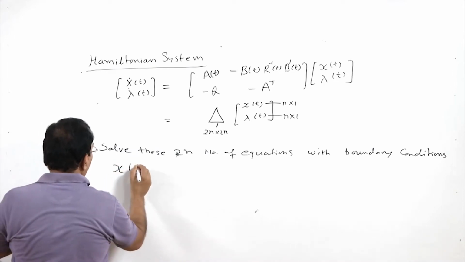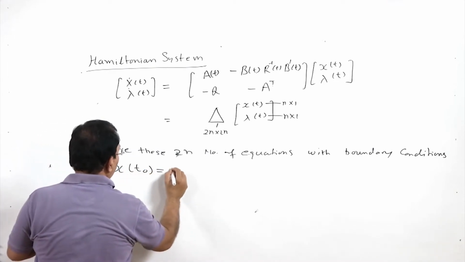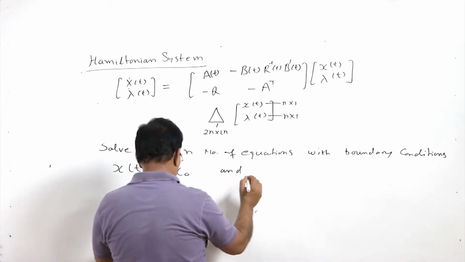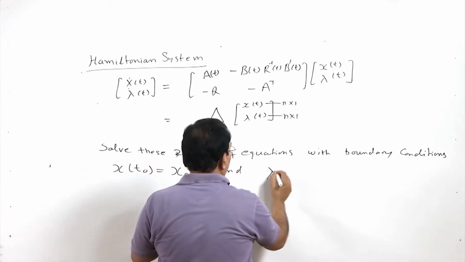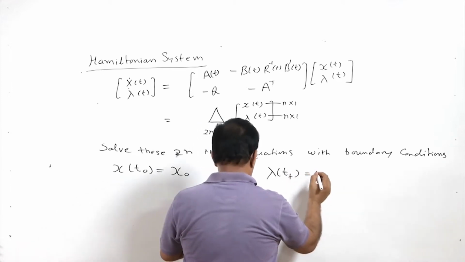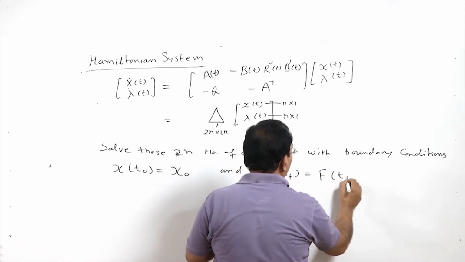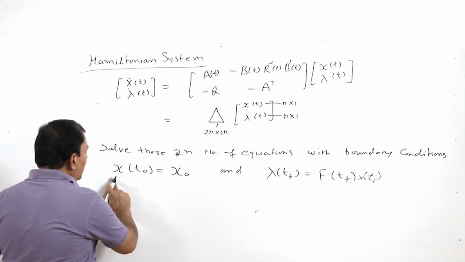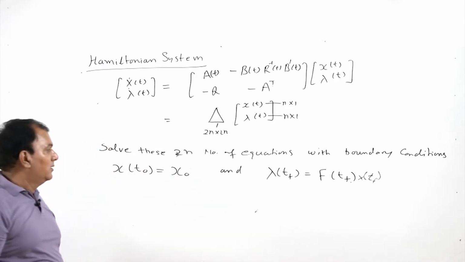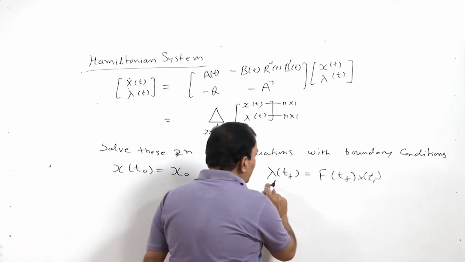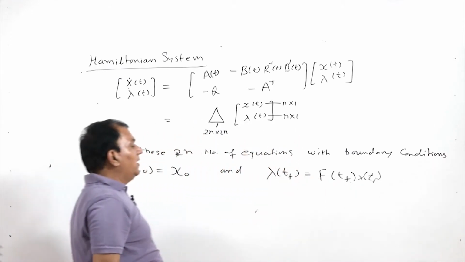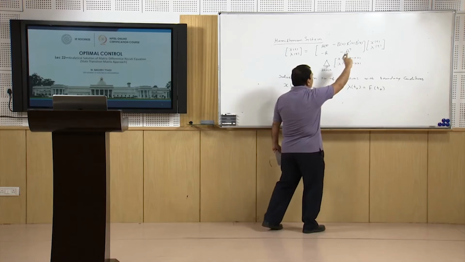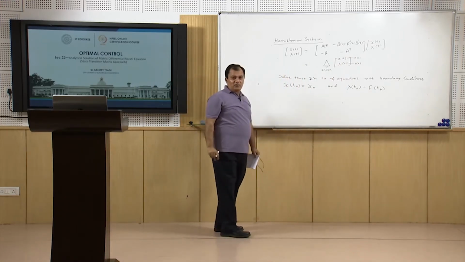We have x(t0) as say x 0, and lambda(tf) as F(tf) x(tf). So, in case of the state we are given the initial condition, but in case of the lambda we are given the final terminal condition. With this, our objective is to solve these 2n equations.